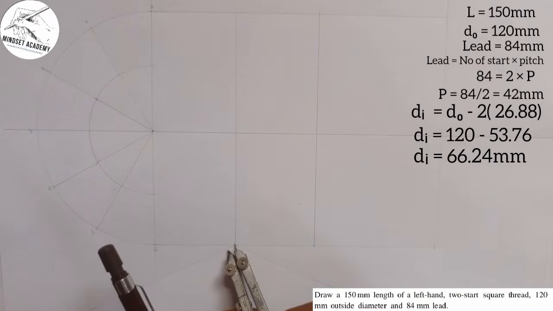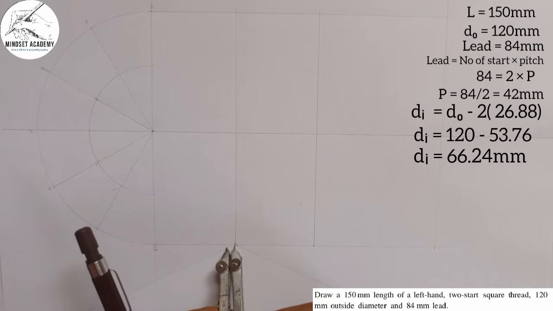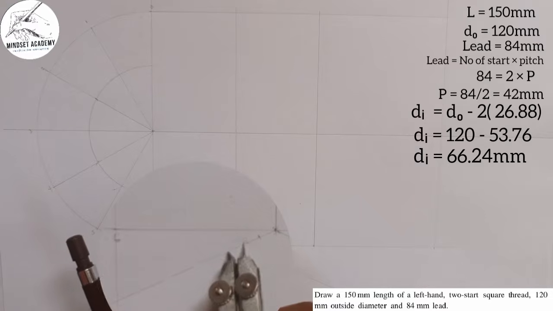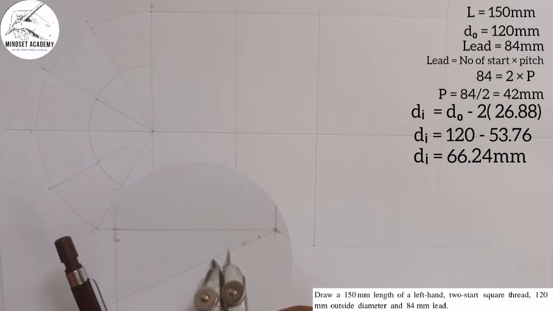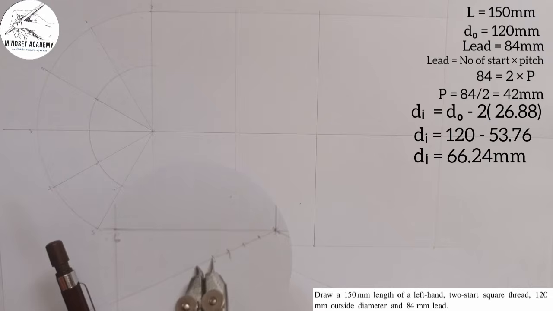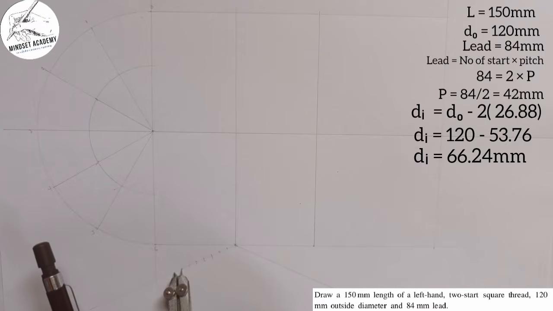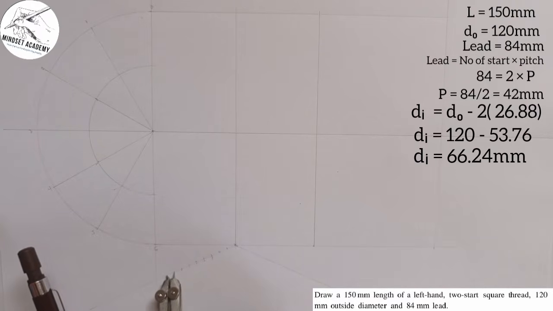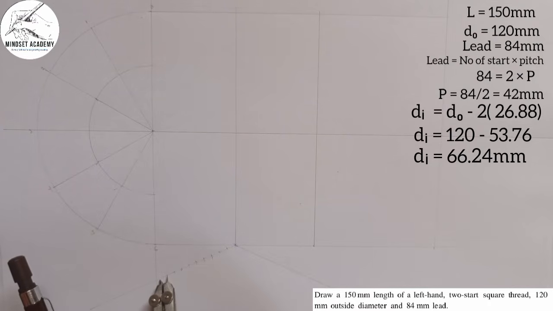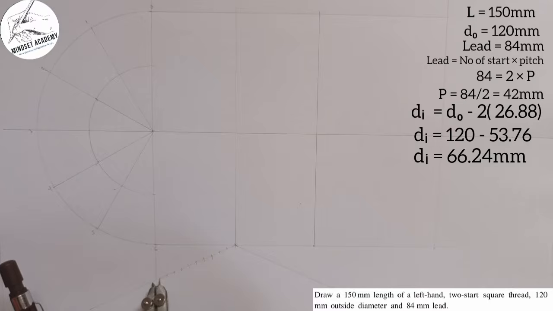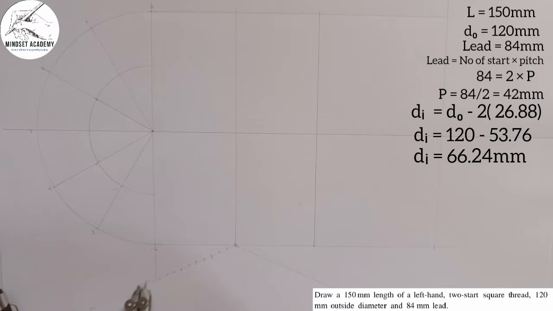So if I place it at this point here, I'll mark this is 1, this is 2, this is 3, this is 4, this is 5, 6, 7, 8, 9, 10, 11, 12.